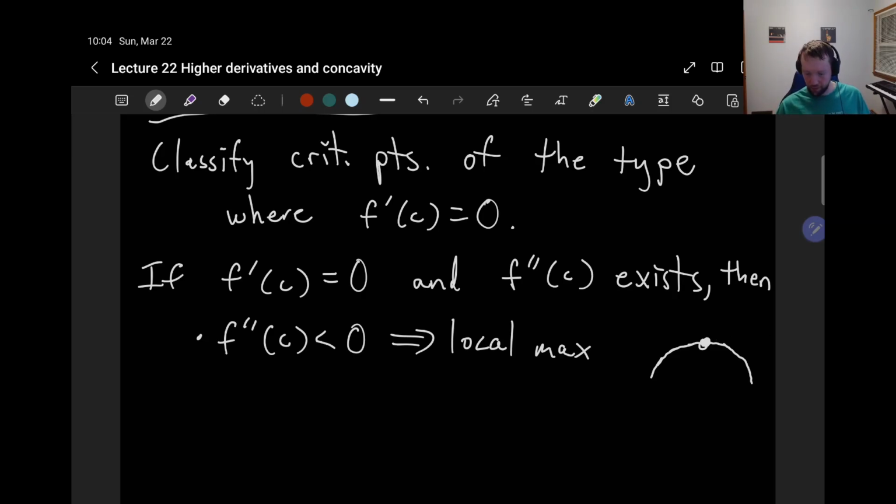And when you think about it that way, we're concave down, then this flat point is on a hilltop, so it's a local maximum when x is c. So I always found that a little counterintuitive when I was first learning this. If the second derivative is negative, that means you're at a high point. But that's why it works, because you're concave down.